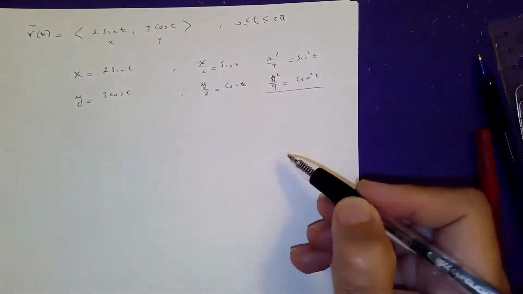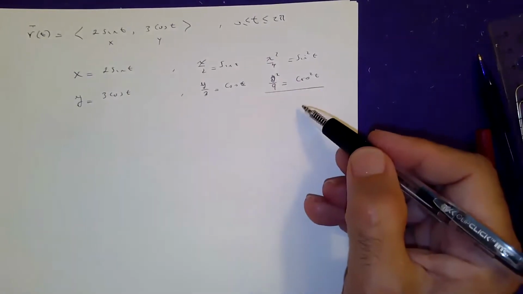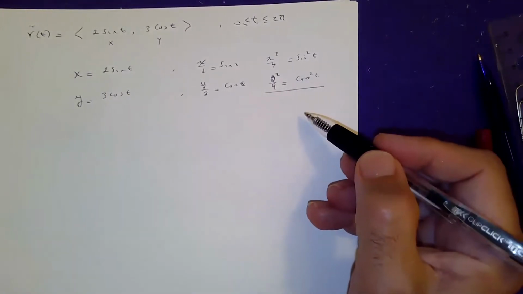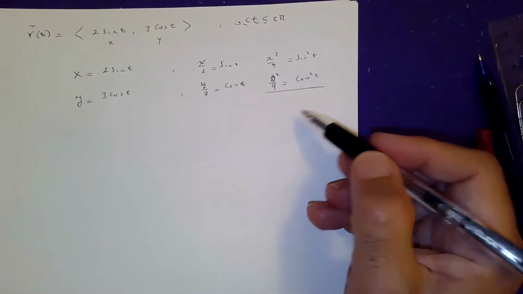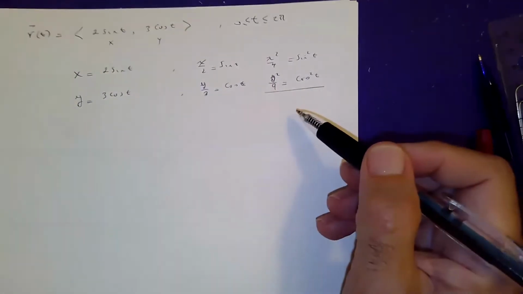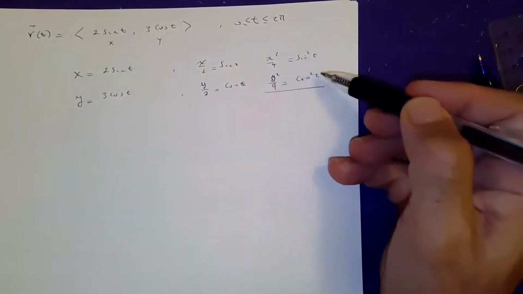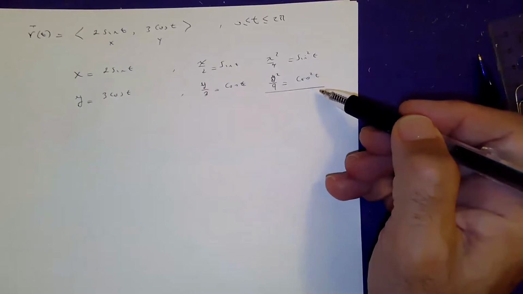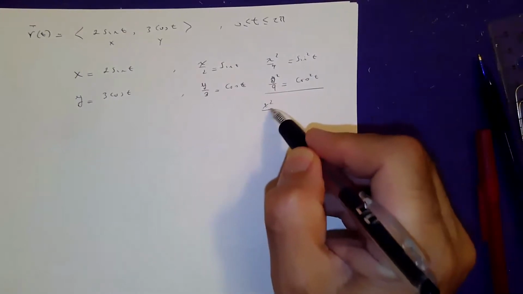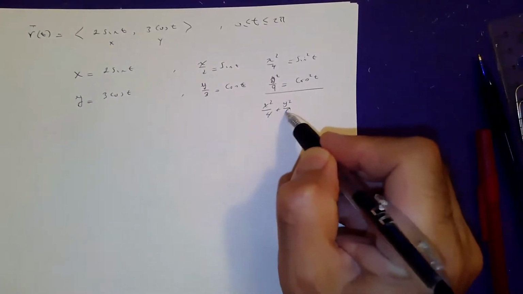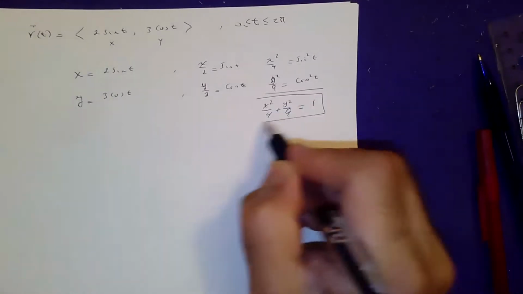Add them up. Do I have to eliminate t? Is it possible to eliminate t in every single vector valued function? No. But in this case, we could. Why? Because there is a relationship between sine squared and cosine squared, meaning if I just add these up, I get 1.